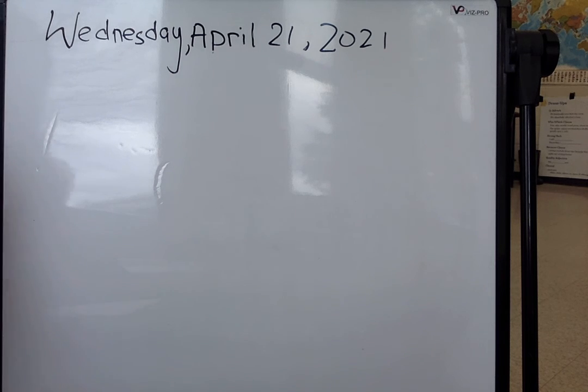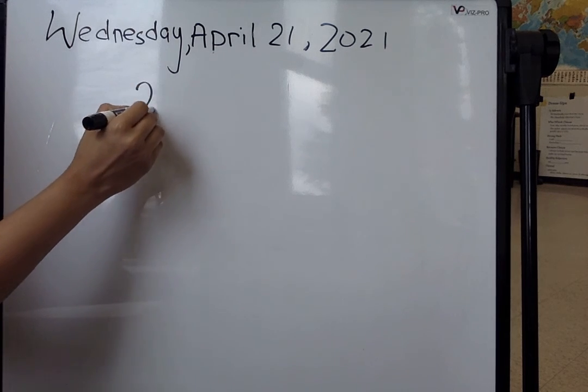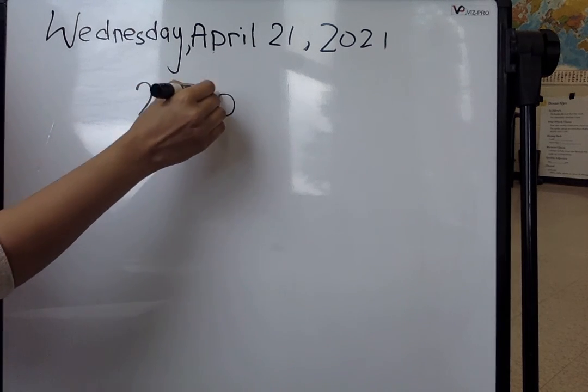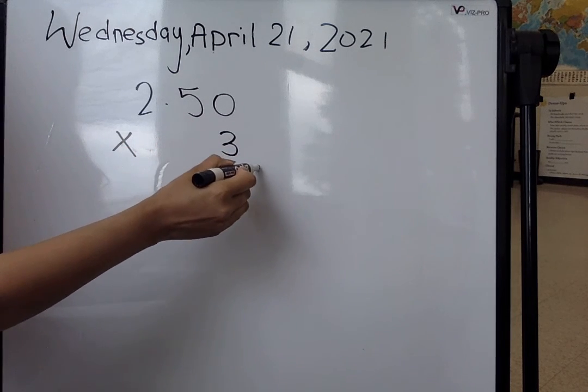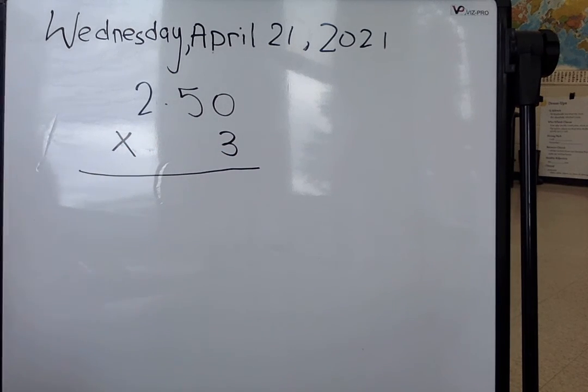So we know what we need to do because 2.50 times 3 is what we need to do, to find out how much they paid all together.